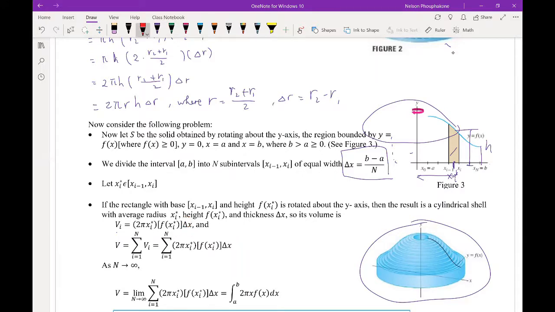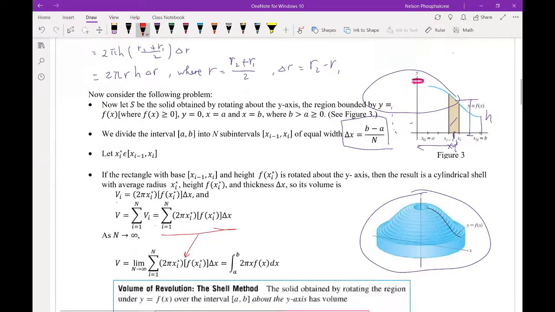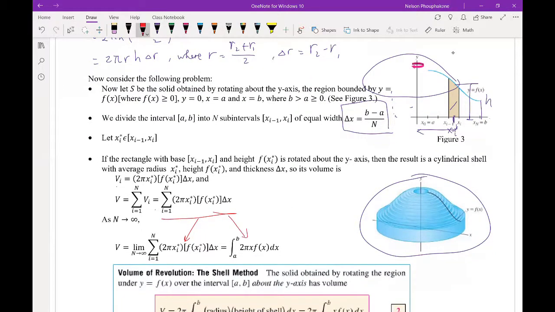And then now, what do we do? We are going to sum i from 1 to n of v sub i, which is this one, okay? And then now what do we do? We could take the limit as n goes to infinity, which is delta x goes to 0. Then we could rewrite it into the integral in this way. So the volume is the same as we integrate between a and b of 2 pi x f of x dx.